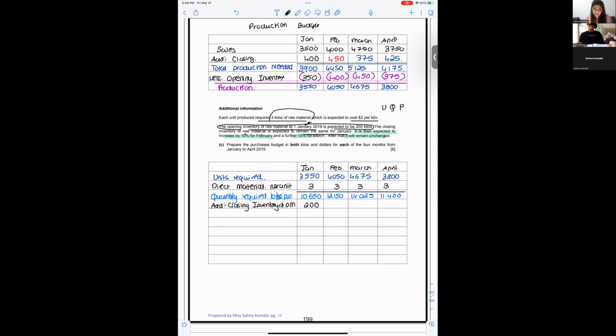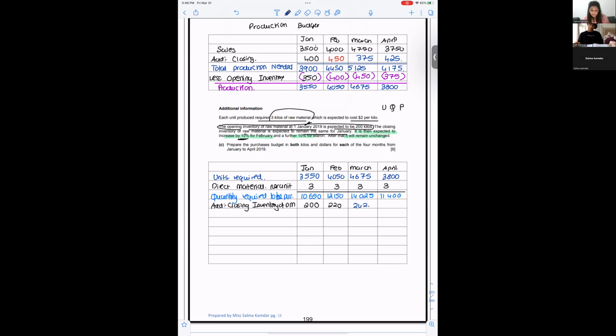It is then expected that the closing inventory will increase by 10% in February. So in February, the closing inventory will become 220. In March, further 10%, so 220 into 1.1, 242.